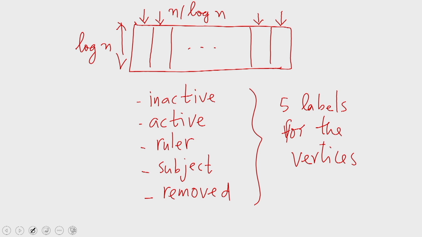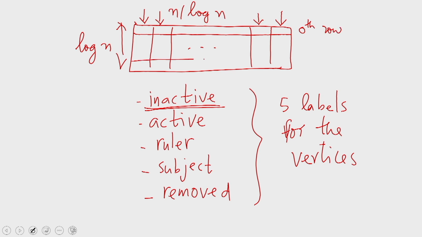In the beginning, we assume that every vertex is inactive. That is because no vertex has been initially assigned a processor. So, every vertex is initially inactive. Then what we do is this: we have exactly as many processors as we have columns. We take the processors and place them in the first row, or we can call this the 0th row.